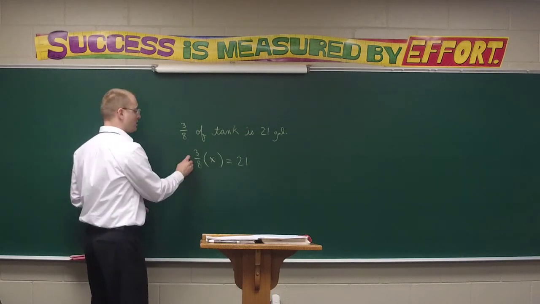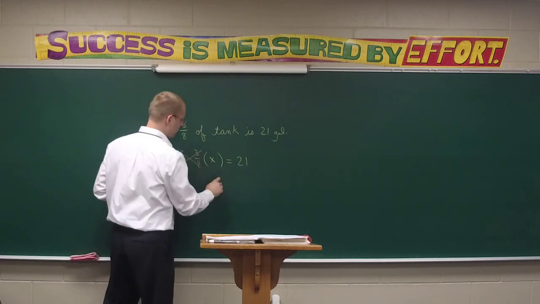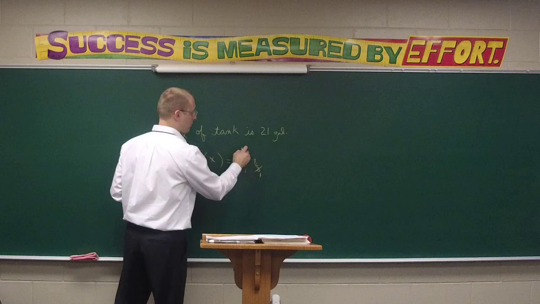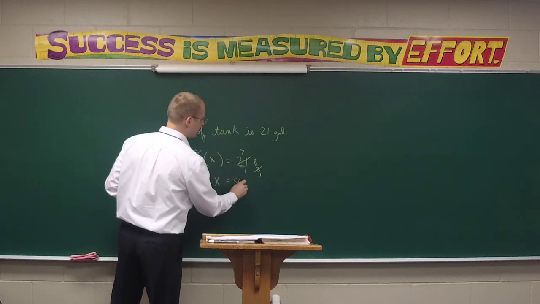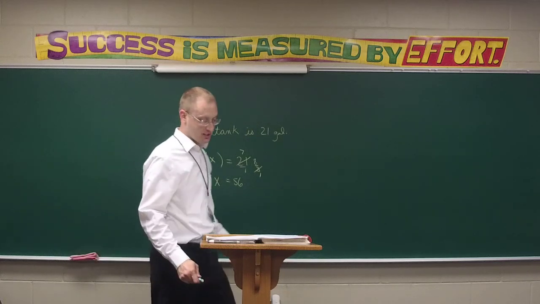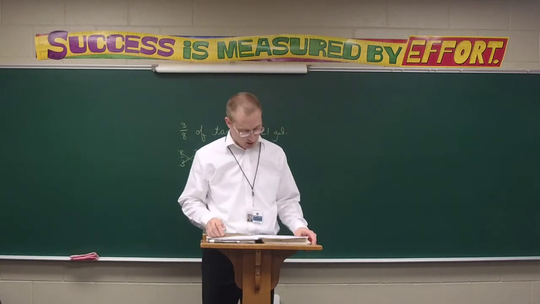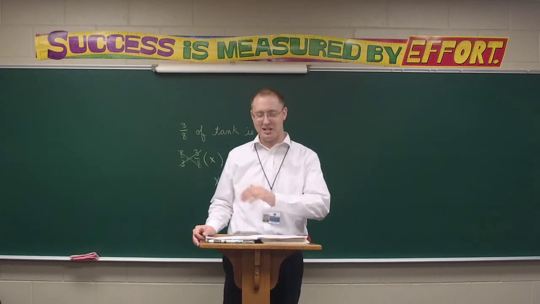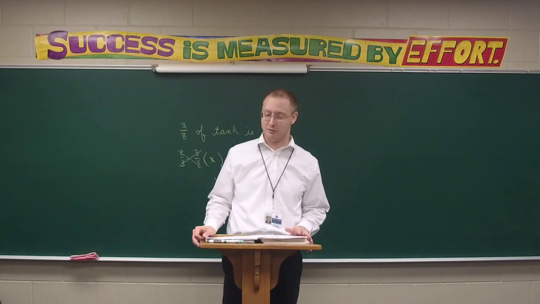And to solve the equation, simply multiply by the reciprocal, cancel the 3 with the 21, get 1 and 7. 7 times 8 is 56. Okay, and so 56 gallons is the fullness of the entire tank of gas. A little bit of pre-algebra type stuff there. That's the kind of thing we did in pre-algebra, but we usually did it with percents, not fractions.